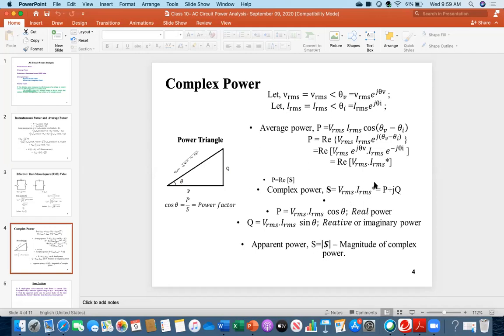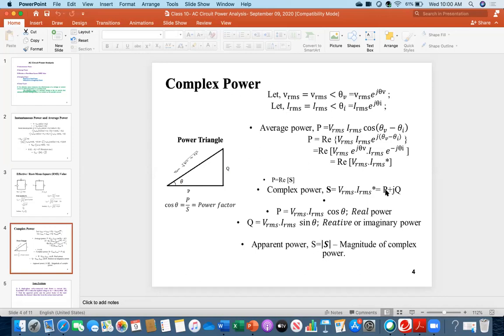Because this is a complex number, definitely it will have a real part and an imaginary part, right? For example, if this is expressed in exponential or polar format, you can convert it into rectangular format. Definitely it will have one real part and one imaginary part.